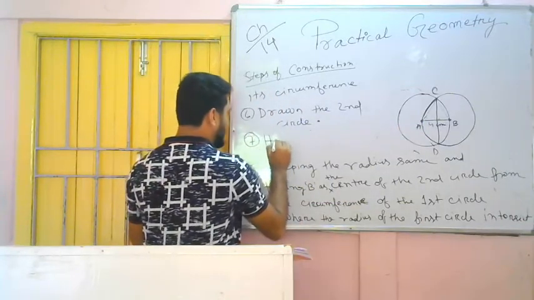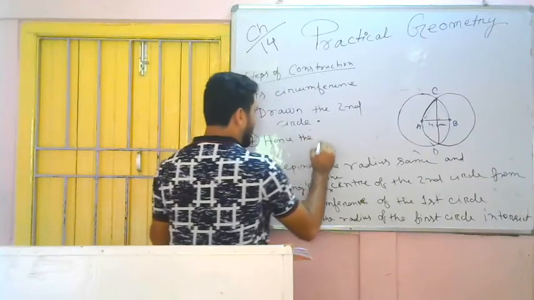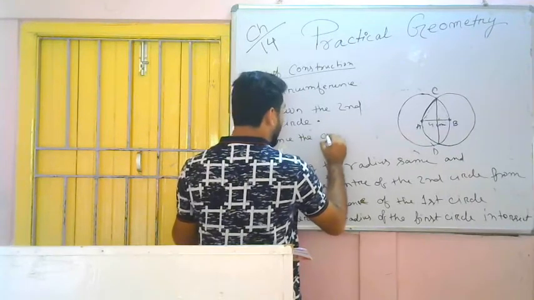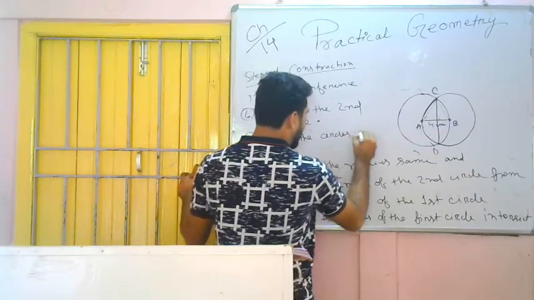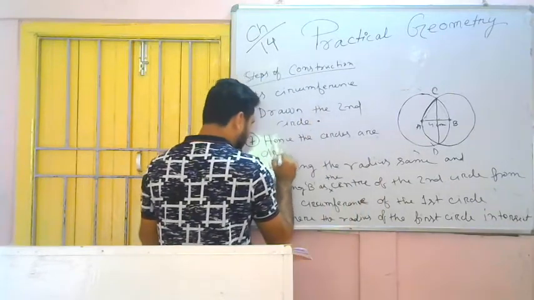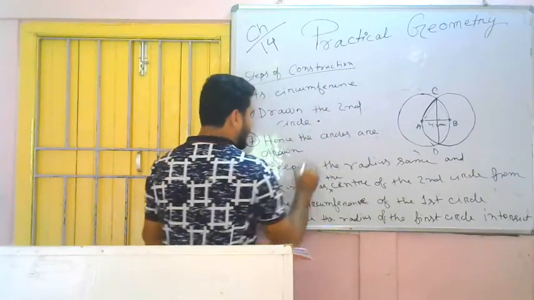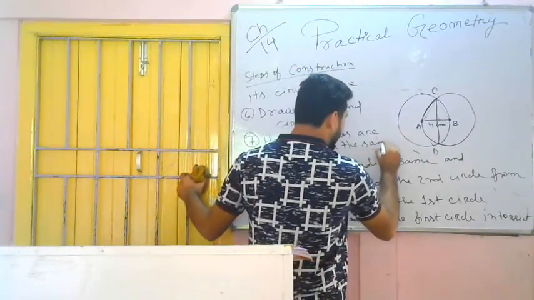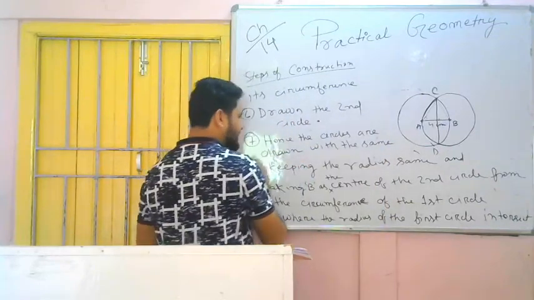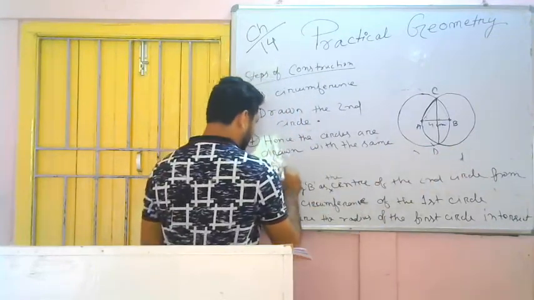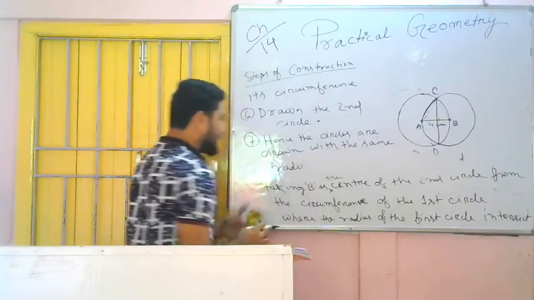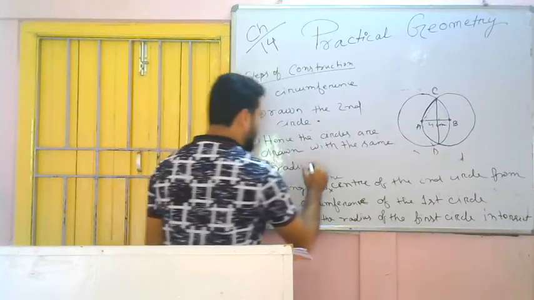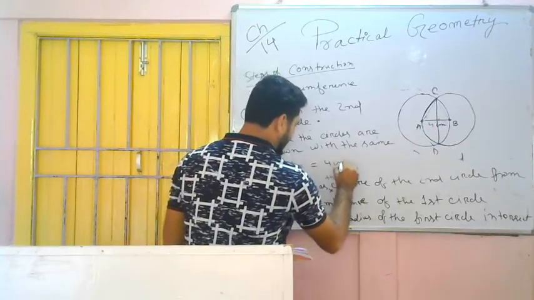So write, hence the circles are drawn with the same radii. Radii is the plural form of radius. Radius is single, radii means more than one. Radii 4 centimeter.